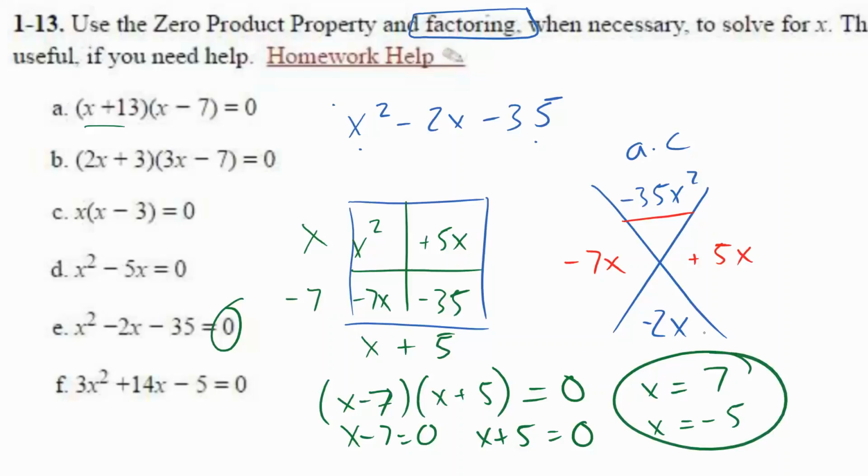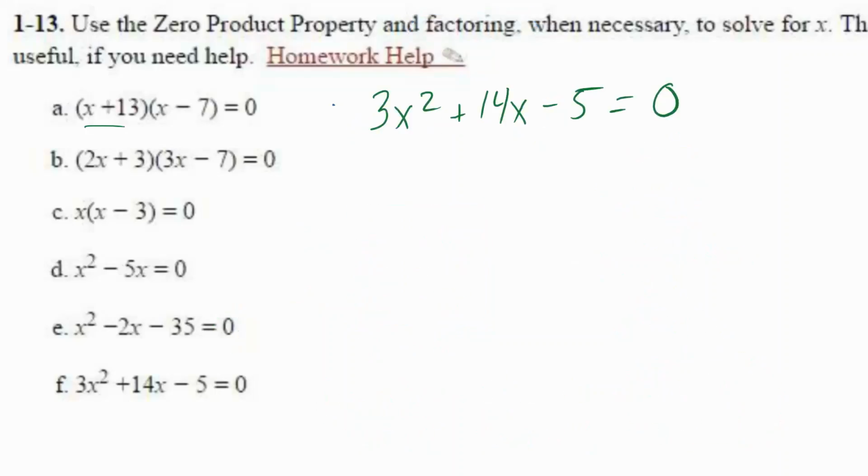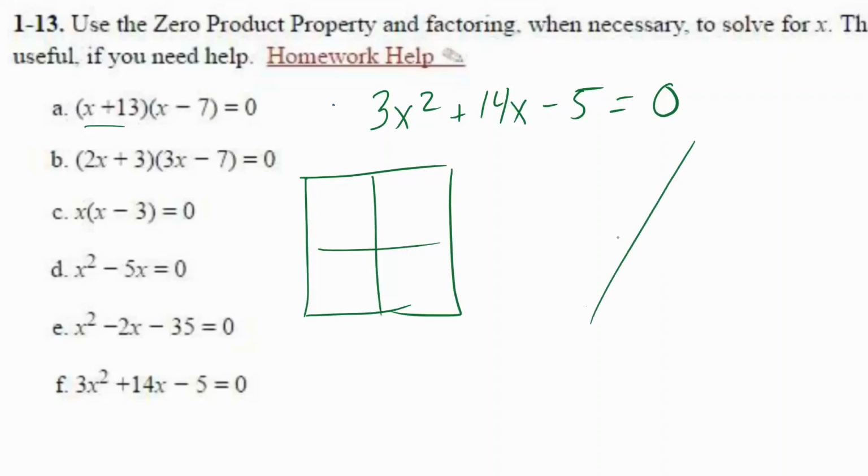We'll do the same thing in F. So 3x squared plus 14x minus 5 equals 0. So we're going to do the same thing, our box, our cross. Let's put the 14x here.